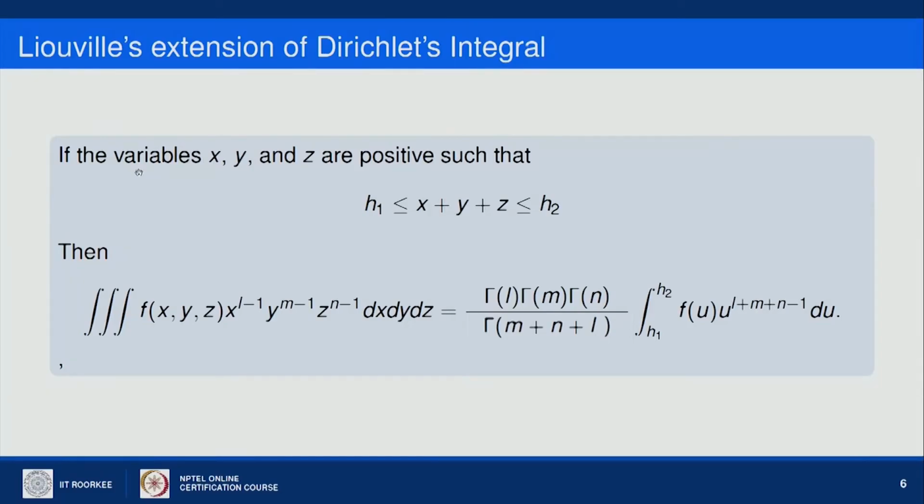So, it is saying that if the variables x, y and z are positive such that x plus y plus z is bounded by h1 and h2, so h1 is less than or equal to x plus y plus z, which is less than or equal to h2, then the triple integral f of x plus y plus z, x raised to power l minus 1, y raised to power m minus 1 and z raised to power n minus 1 dx dy dz over this particular region is given by this particular expression, that is gamma l, gamma m, gamma n upon gamma l plus m plus n, integral h1 to h2 f of u, u raised to power l plus m plus n minus 1 du.